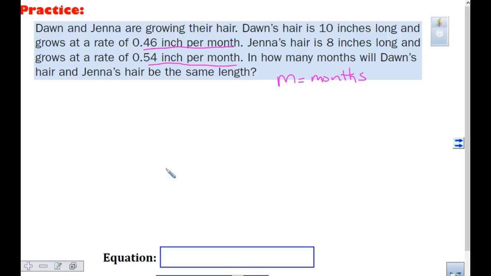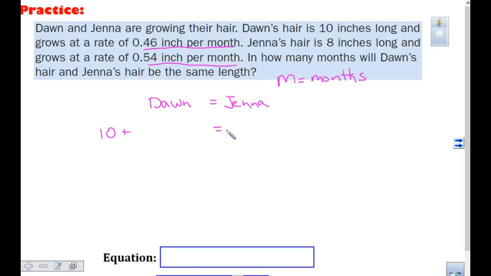So start off. What do we know? We are trying to figure out when Dawn's hair length will be the same as Jen's, right? And what did you know about Dawn's hair, Haley? What's one thing? It's already 10 inches. So we're going to start with 10 plus, okay?